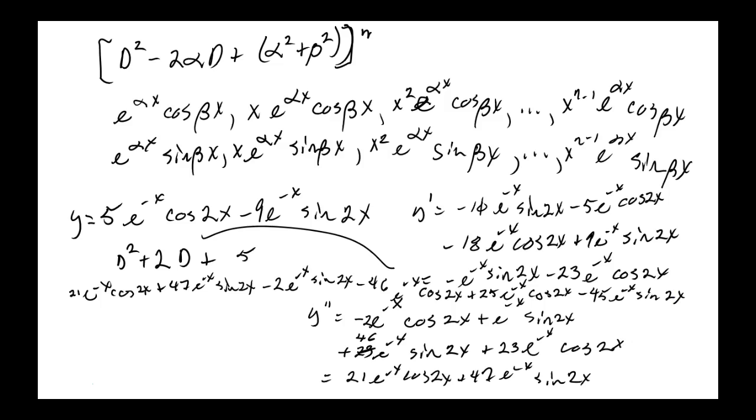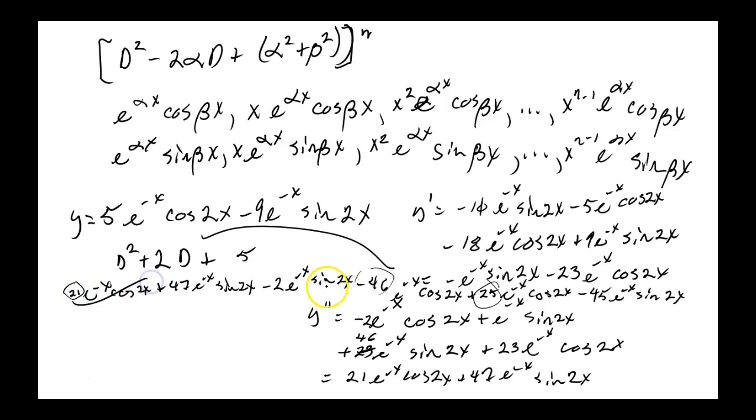Let's combine like terms. Here we've got a 21. All the other parts are going to be the same. Talk about the cosines now. Here you got a plus 21, a minus 46, the other parts are still fine, and a plus 25. Okay, 21 and 25, sure enough, is 46 minus 46 e to the minus x cosine 2x.